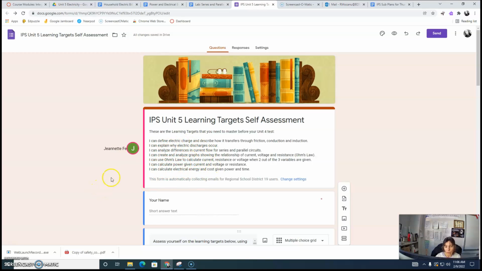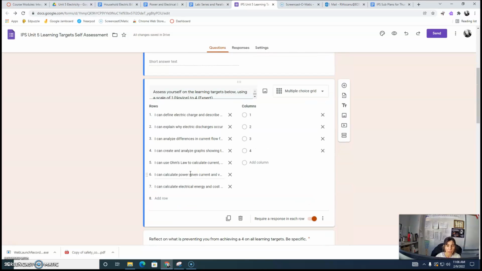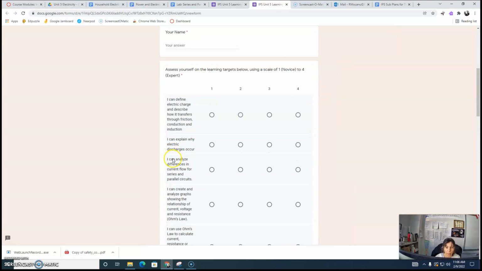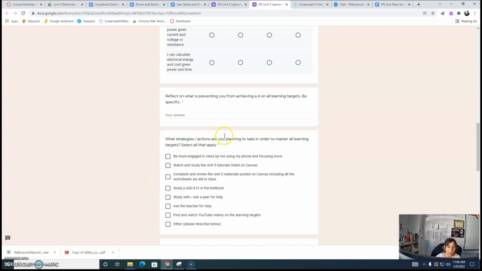What I would like you guys to do, as we do for every unit, is go ahead and rate yourself on how you feel you are doing at the current moment on these learning targets. For example, I can analyze differences in current flow for series and parallel circuits. How well do you feel you're mastering this target? Rate yourself, then go ahead and tell me.